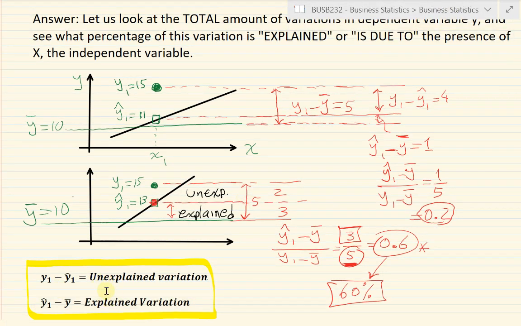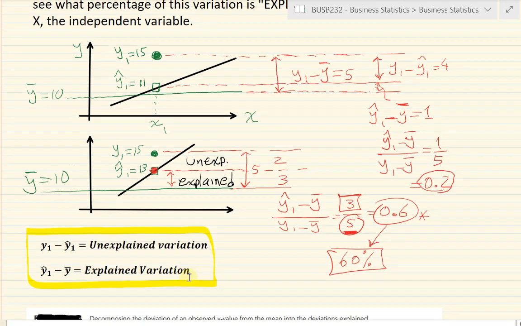Okay, so when I fixed it, this part is unexplained, that's y1 minus y hat. The difference between the observed and predicted is unexplained, but the difference between the predicted and the average of the y values, y hat minus y bar, is the explained variation. Okay, that looks good.